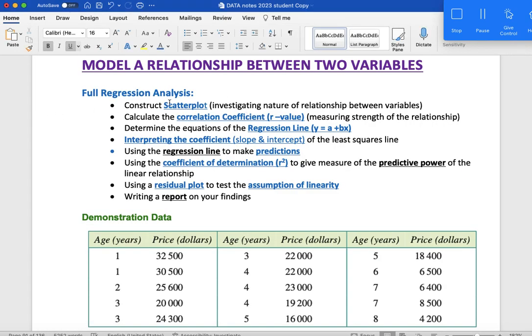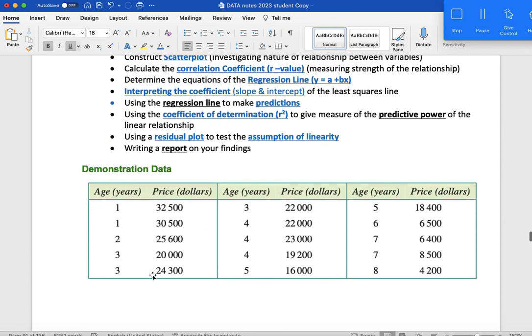So if we go back to this analysis, we've done the scatter plot, we've done the correlation, we found the R value was -0.96, and we've commented that it's a strong negative. Now we've found our equation. Well, we would write that out. So say I'm going to write it in here: price, in dollars, equals.